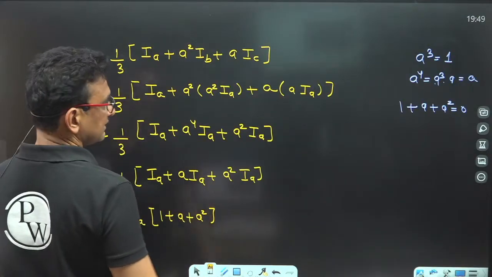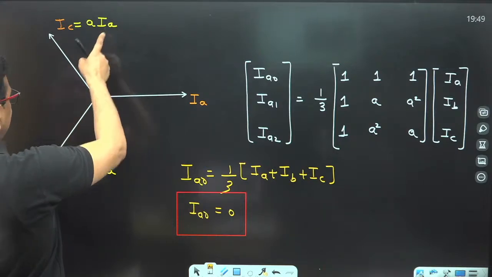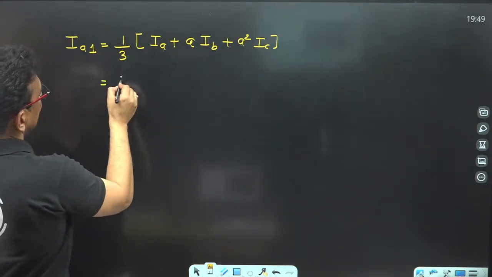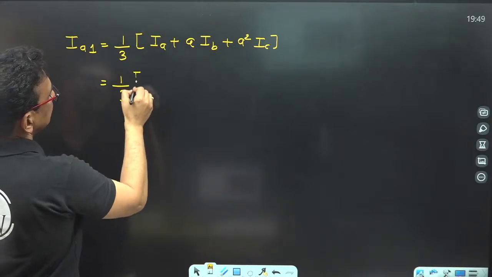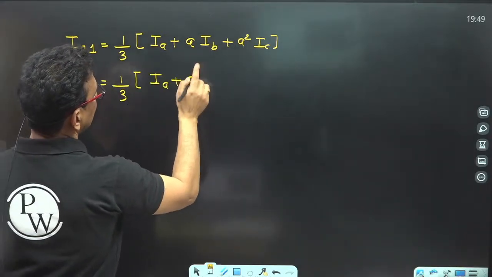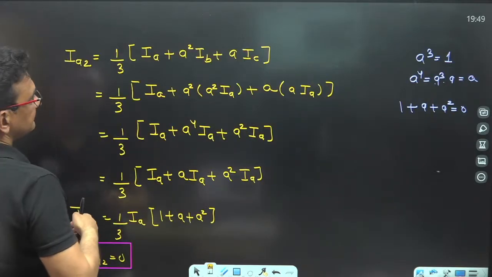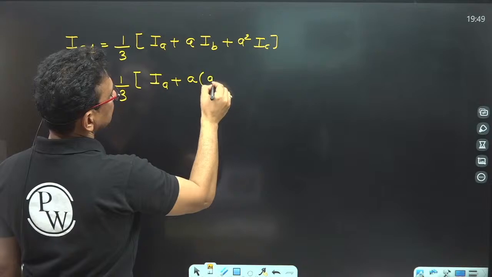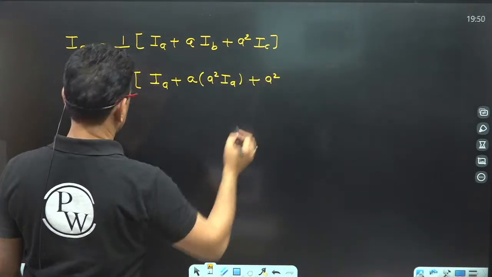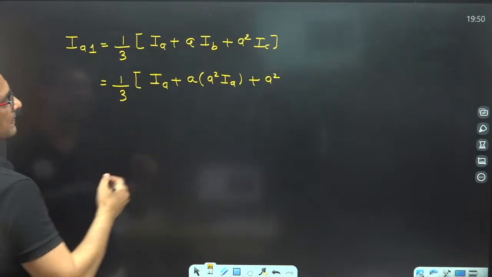From this, now IC is A IA, IB is A square IA. So I will put the value of IB and IC in terms of IA. IB is A square IA, so it is A into A square IA. And IC is A IA, so A square into A IA.